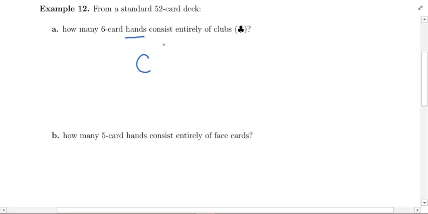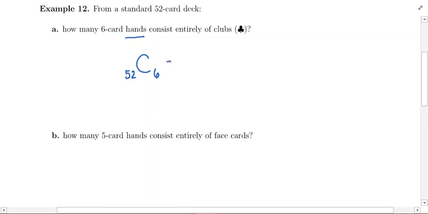So this is going to be a combination, where we're choosing 6 cards. The thing is, 52 does not go here, even though there are 52 cards in the deck, because we have this restriction that the hand we're after has to consist entirely of clubs.